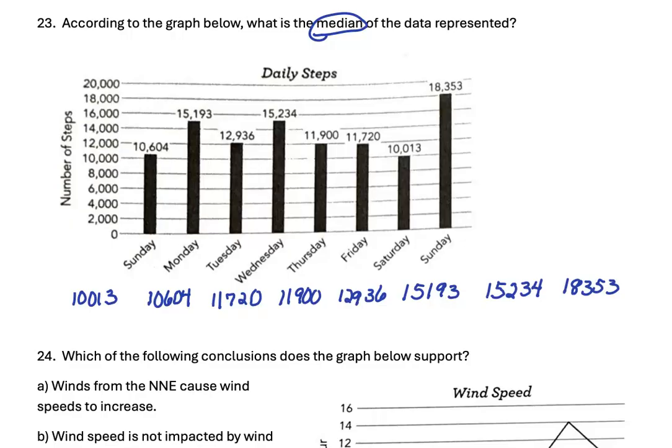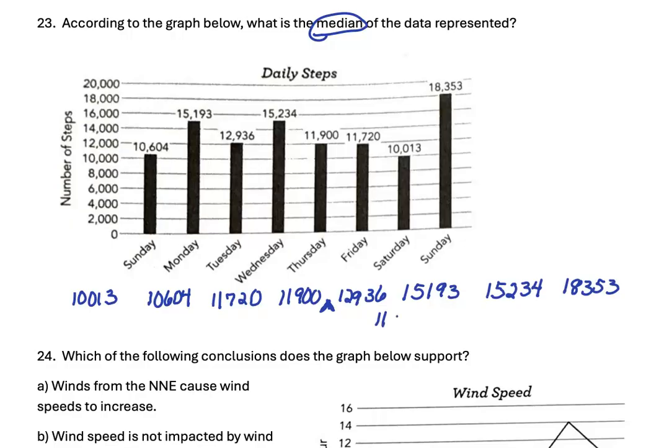The number of values that I have here, 1, 2, 3, 4, 5, 6, 7, 8, is 8. So the middle is going to be right in between these two, with 4 on the left and 4 on the right. To find that middle value, I have to average these two.